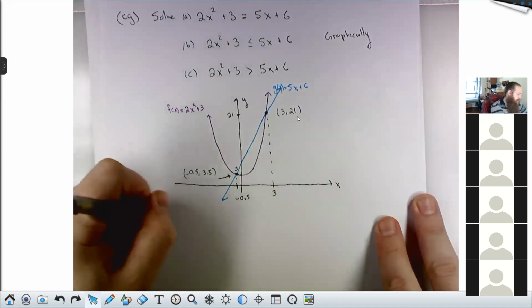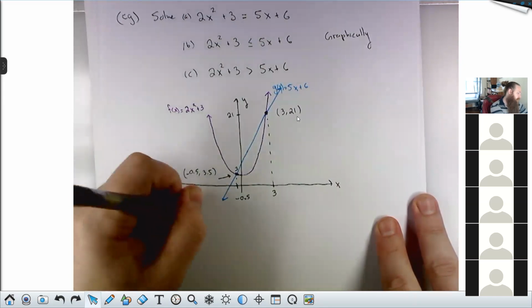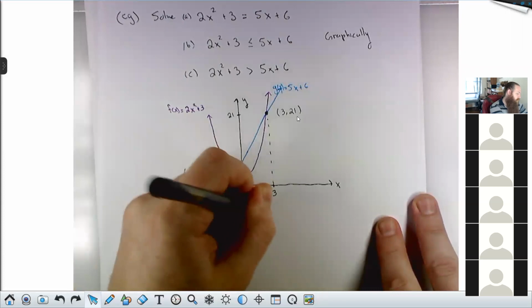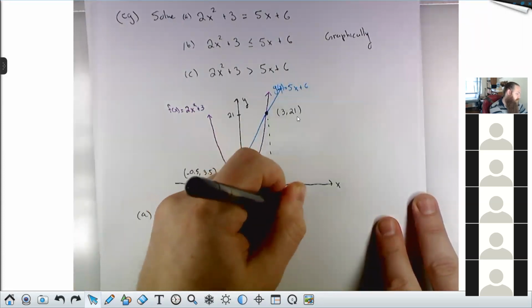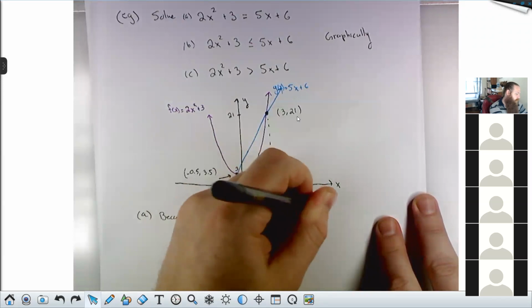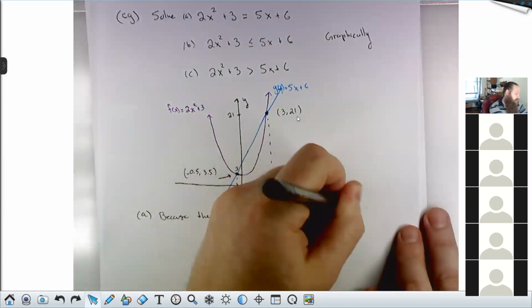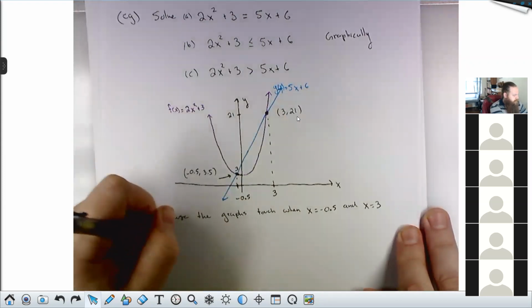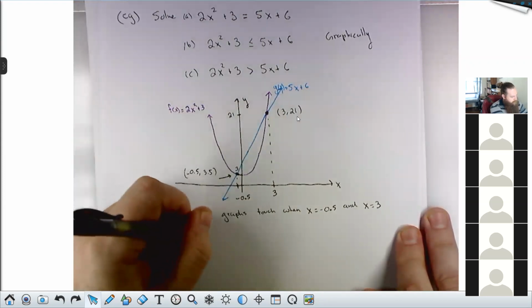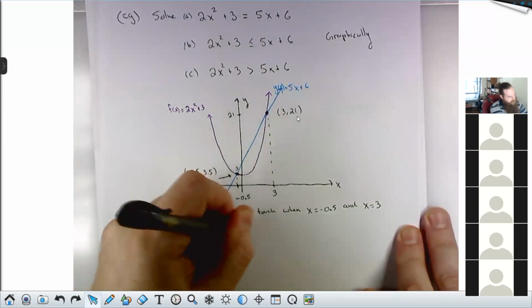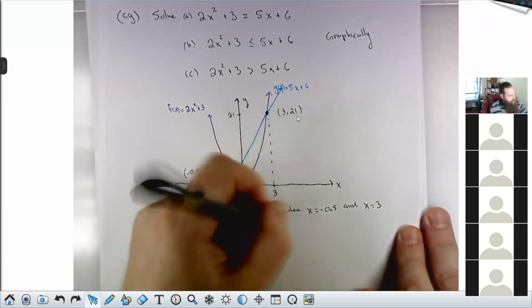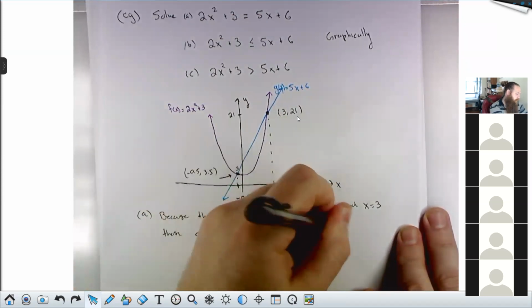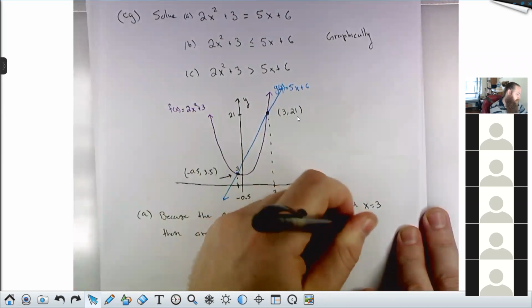So because the graphs touch when x is equal to negative 0.5 and x is equal to 3, those are the solutions to 2x squared plus 3 equals 5x plus 6.